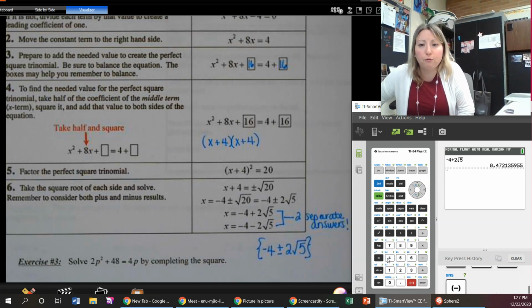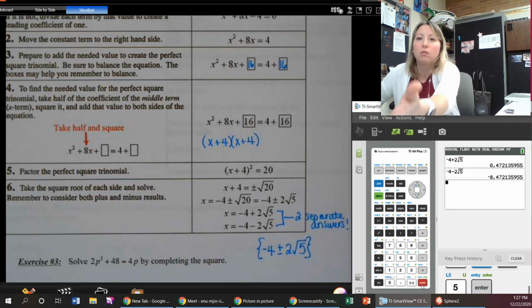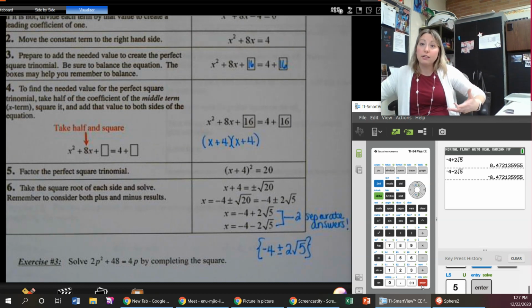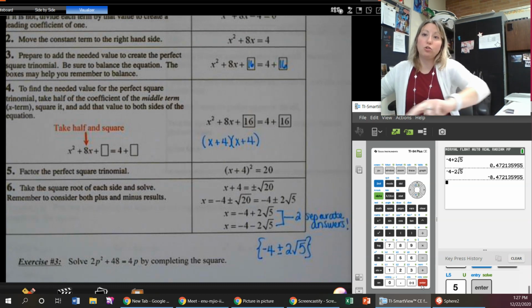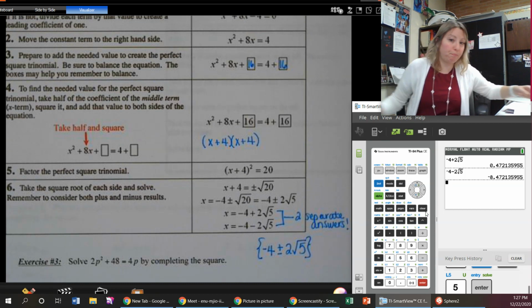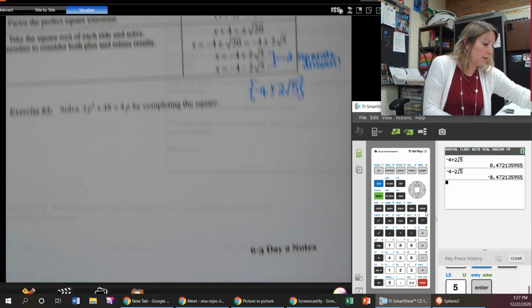And -4 minus 2 radical 5. And look at this one. Much different, two completely separate numbers. Again, much easier to look at them this way, but those are the two decimal equivalents. Okay, well, let's move on.